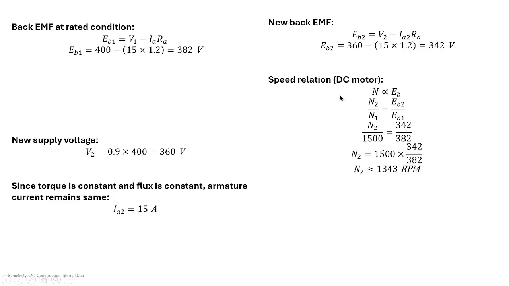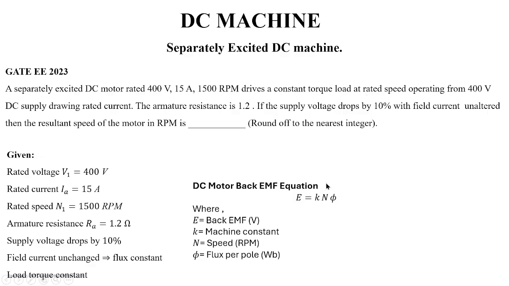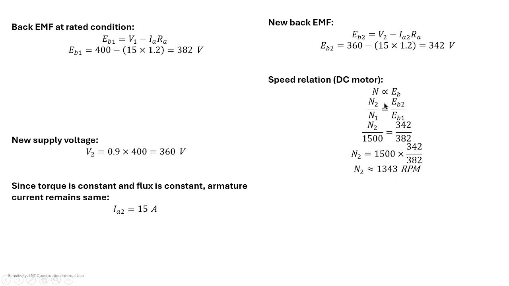In the earlier equation, E is equal to K N phi. With the help of this equation, E is directly proportional to N. So N2 by N1 is equal to Eb2 by Eb1, because E is directly proportional to N. N2 we have to find, and N1 is given as 1500 RPM.